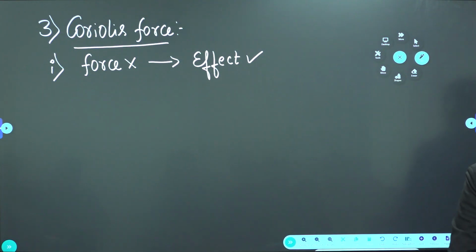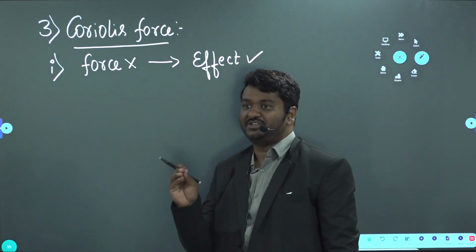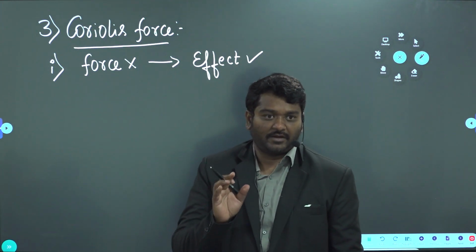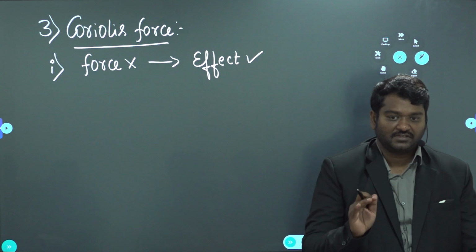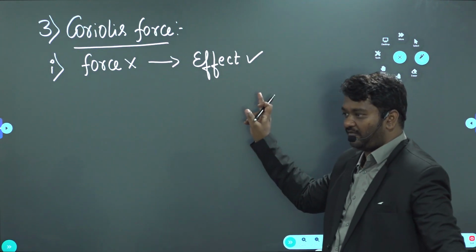So a statement can be, due to Coriolis force, there won't be change in speed, there will be change in direction. Right? Speed doesn't change. What changes? Direction changes. That's why it's not a force, it is just an effect.